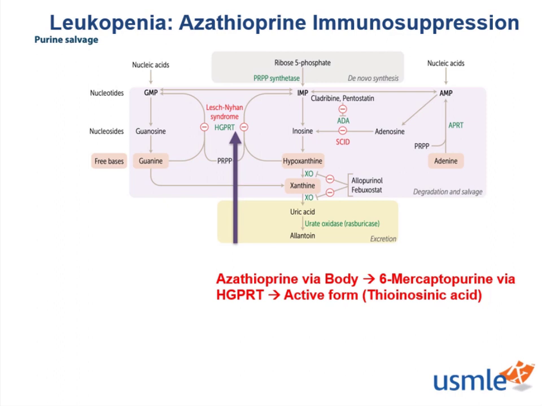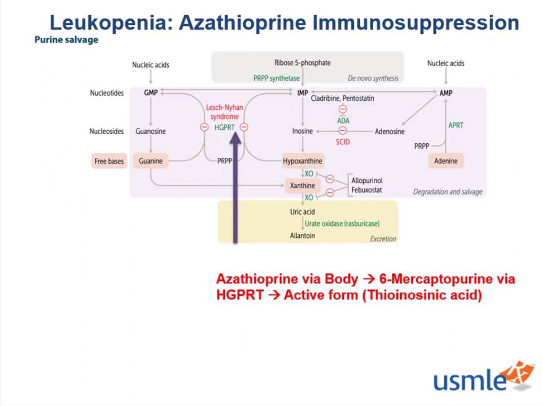The arrow indicates HGPRT, hypoxanthine guanine phosphoribosyl transferase, the enzyme that activates 6-mercaptopurine into its active metabolite, thioinosinic acid. By relying on activation by HGPRT, a key enzyme in the purine salvage pathway, multiple steps in purine salvage are inhibited. Ultimately, this decreases the amount of purines available for DNA synthesis.